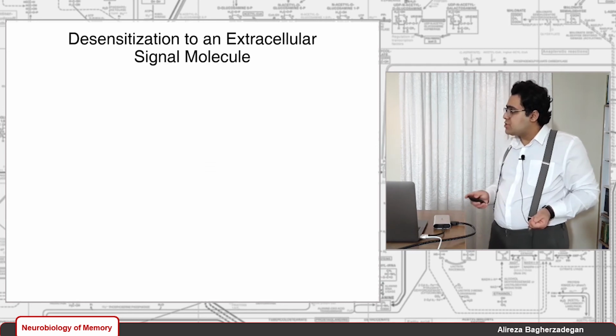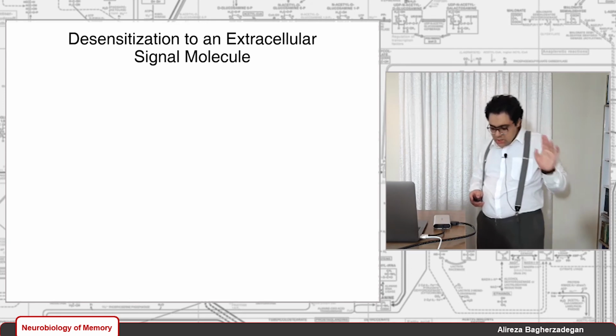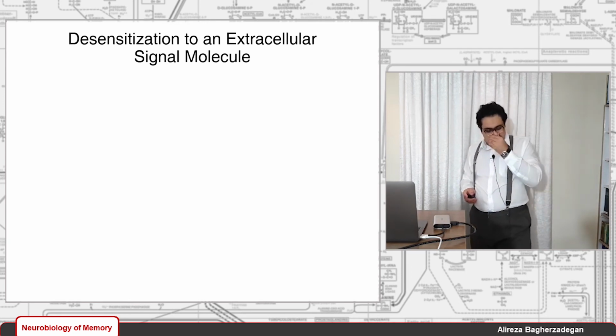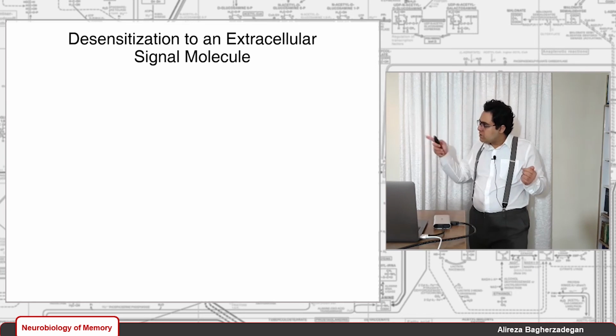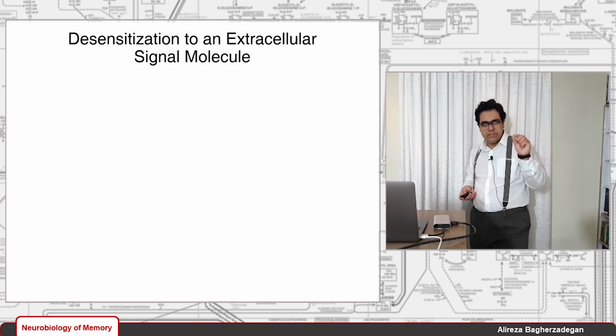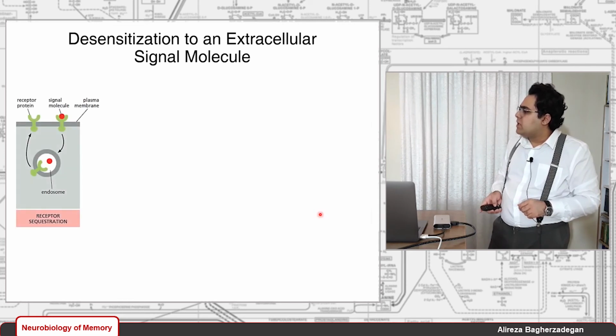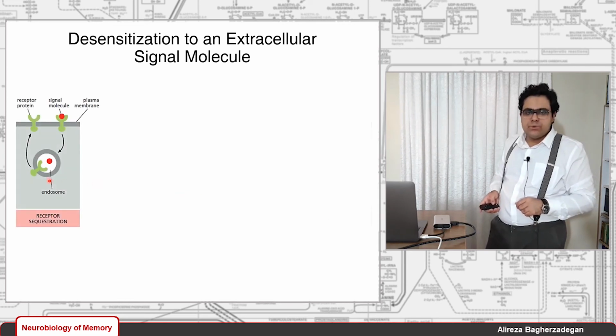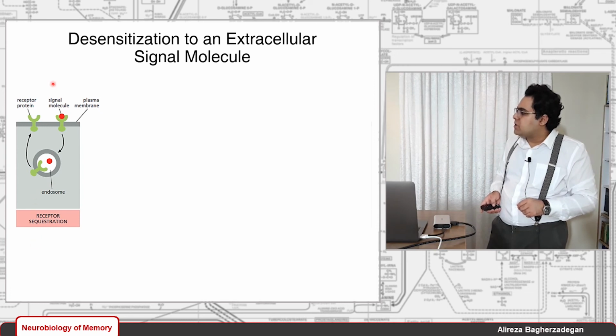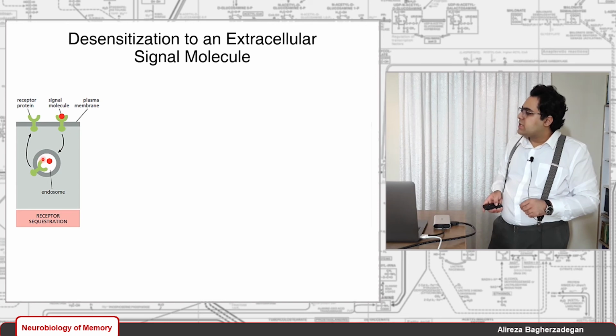Now let's talk about desensitization to an external signal molecule. There are various ways and various mechanisms to make a receptor desensitized to an extracellular signal molecule. The first one is temporary sequestration of the receptor. So when a signal molecule is attached by the receptor, it is detached from the cell membrane, gets into the endosome, and the signal is released.